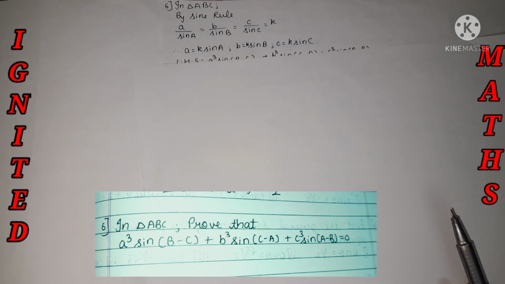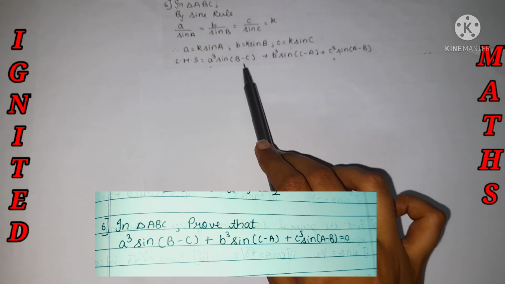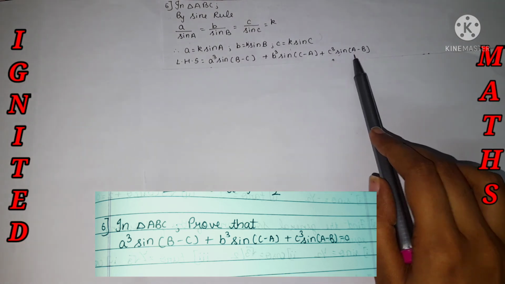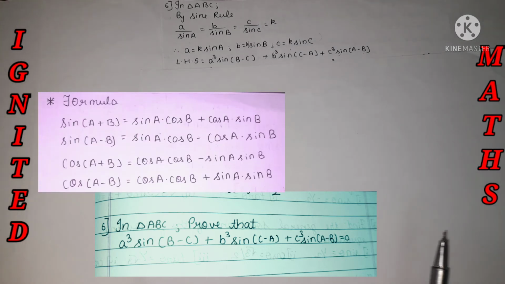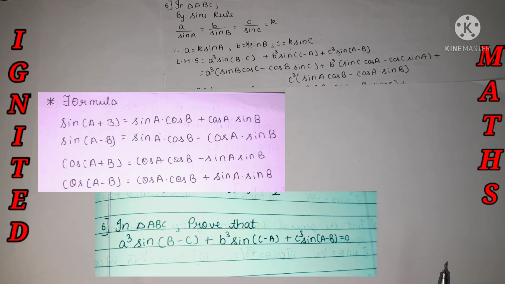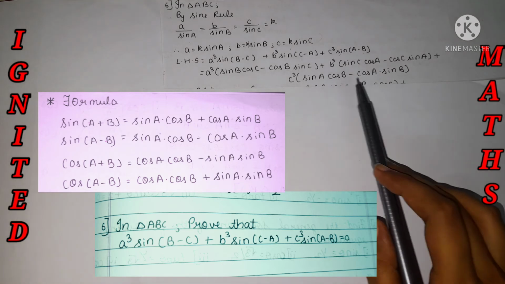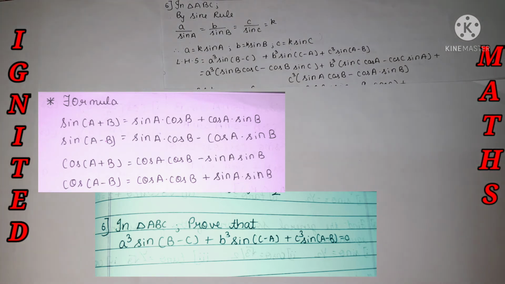Now the LHS value is over here, in which sin(B minus C), sin(C minus A), sin(A minus B), the formula we have. On the left hand side, I'll just display the formulas. Just go through it. And we will be getting the answer of sin(B minus C), sin(C minus A), and sin(A minus B).